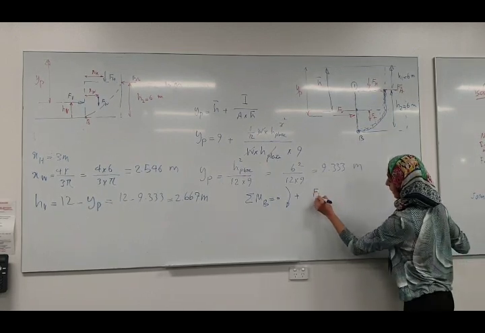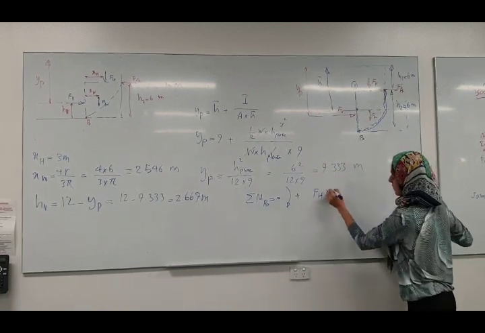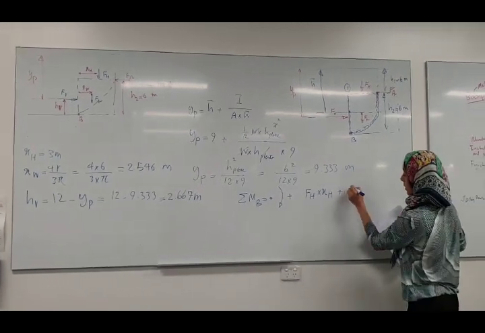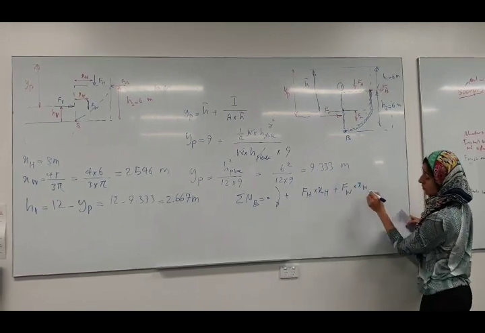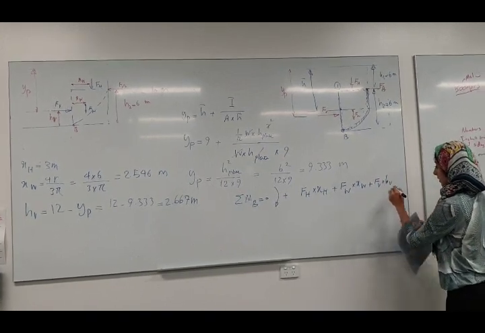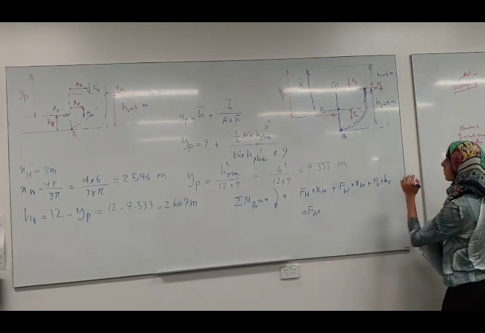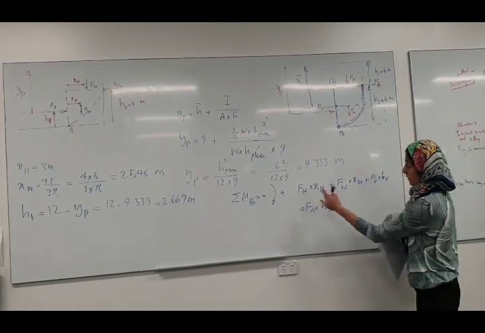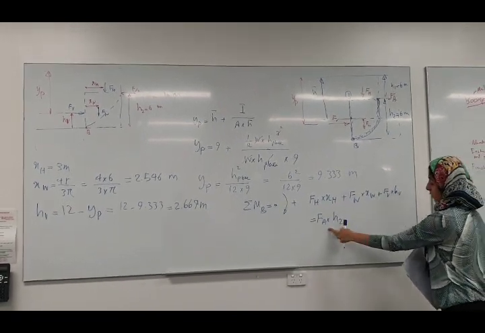So for FH, if you just look at that picture, you can see FH times XH plus FW times XW plus FV times HV. This should be equal to FA times H2. Or if you want to keep everything on the other side, they give us a positive moment, while this will give us a negative moment.